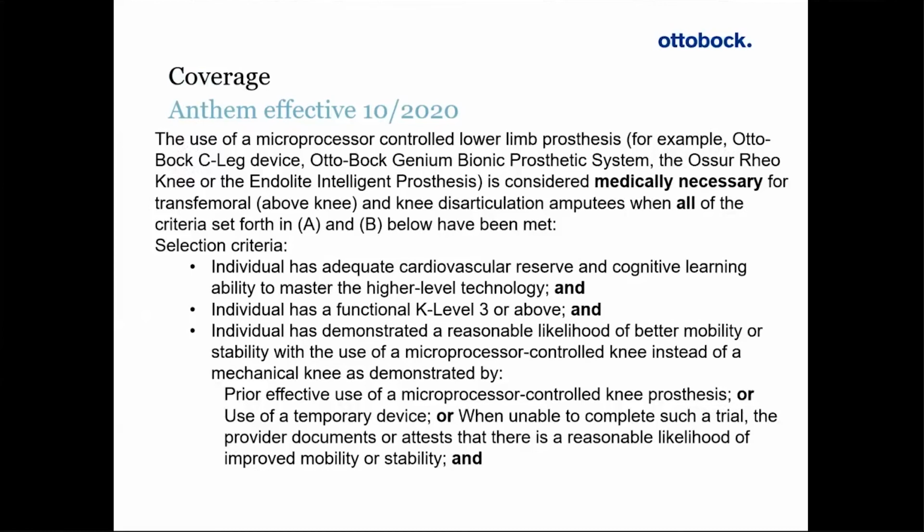And then there is prior effective use of microprocessor-controlled knees, or use of a temporary device when able to complete such a trial. As you know, we have trials available with our sales reps. So in order to help meet that definition, if they haven't been on a microprocessor knee, you'd want to reach out to your sales rep to get a microprocessor knee joint in your office so you can demonstrate that trial. Next, please.